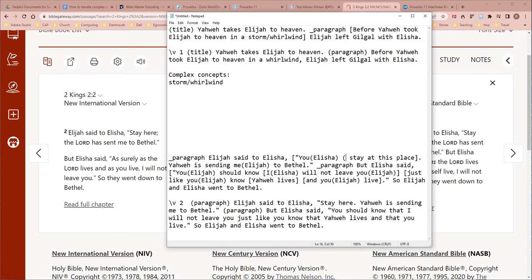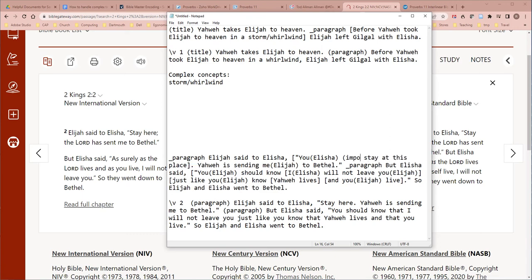This is an imperative. So we have this special notation, an imperative marker, and we have to specify the subject. So the subject is you because Elijah is talking to Elisha, you, but then we have to say who you is. So we put in parentheses Elisha, and then this is an imperative marker, tells the computer that this is an imperative.